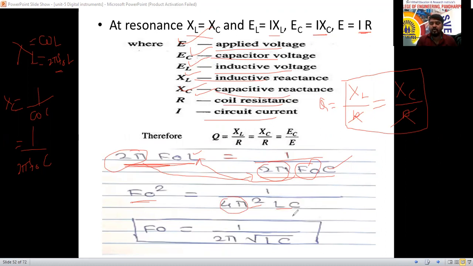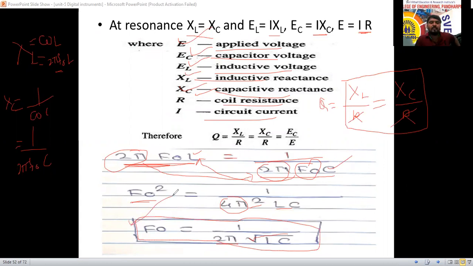Square root of 4 is 2, and square root of pi square is pi, so 2 pi root LC. So F naught equals 1 by 2 pi root LC. This is the frequency under the resonance condition we have calculated here.